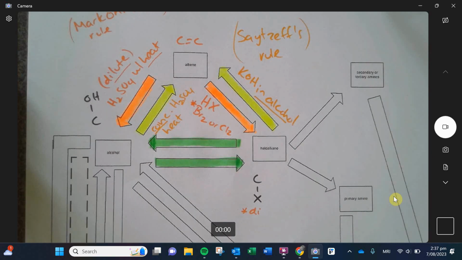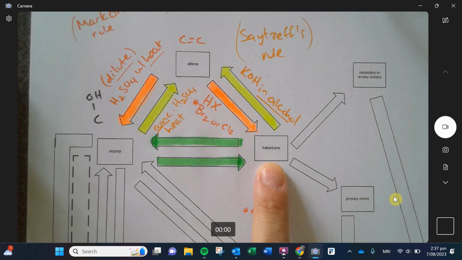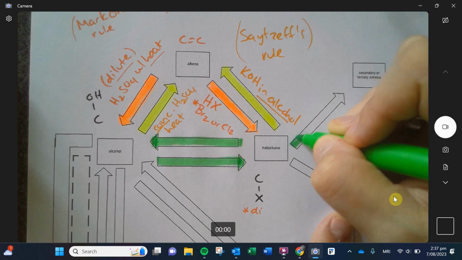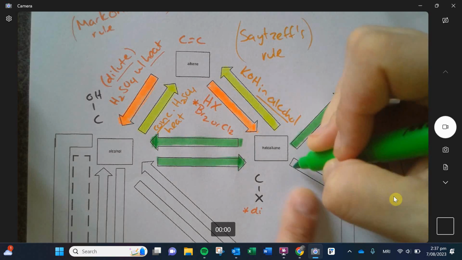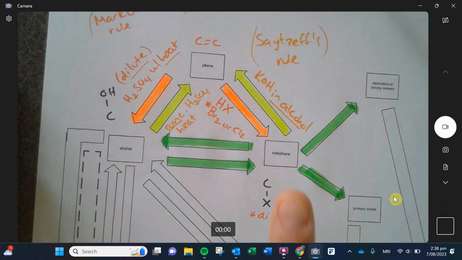We also have a substitution going on if we want to take off the haloalkane and make an amine. And I've separated out the secondary and tertiary amines from the primary. So those are both substitution reactions.